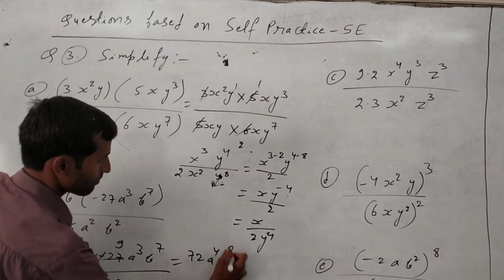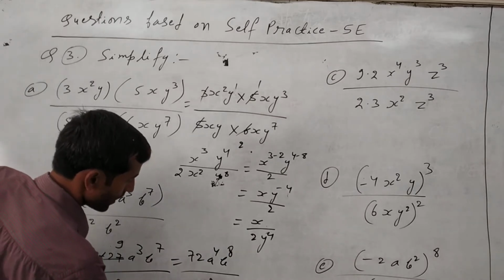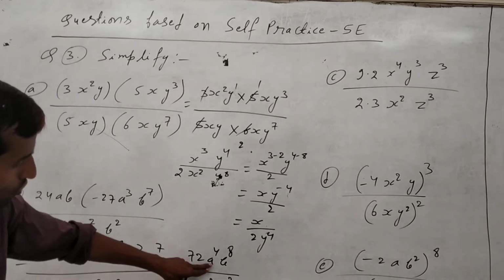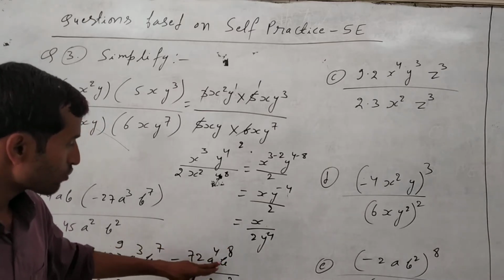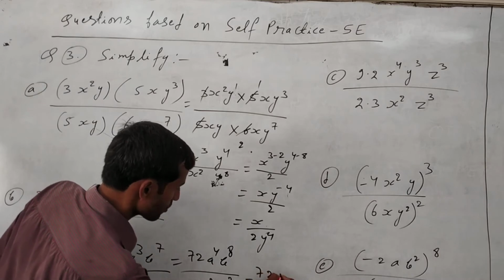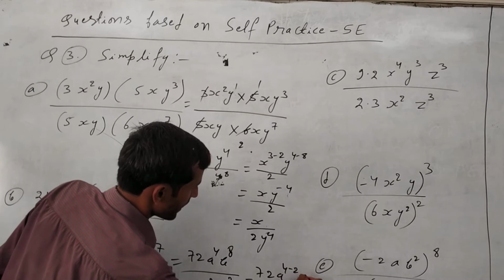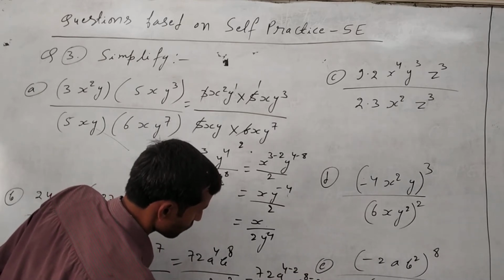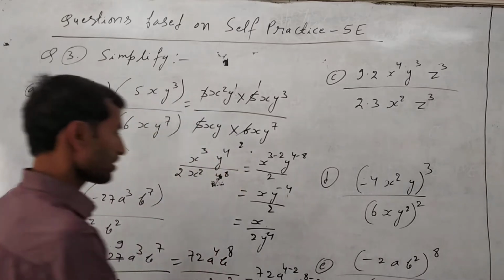After that, 5a^2b^2 in the denominator. Now a^4 and a^2, so we subtract the powers, and b^8 and b^2 also, so we subtract. So we write 72 a^(4-2) b^(8-2) upon 5. The final answer is 72 upon 5 a^2b^6.